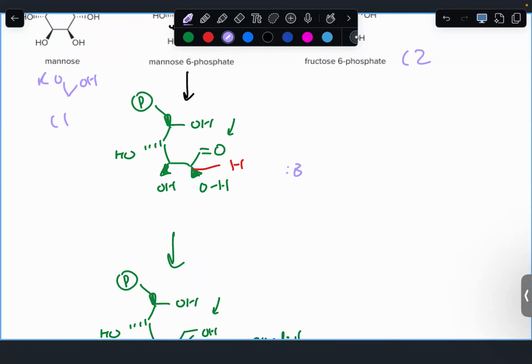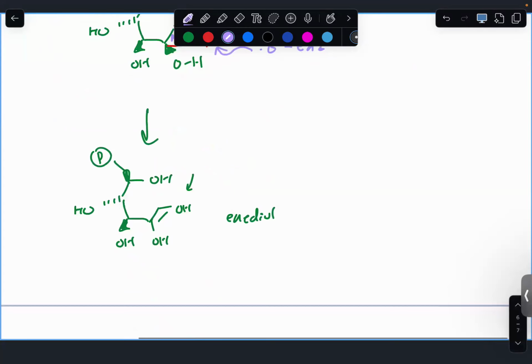So we have a base, which comes from the enzyme, deprotonates that. This comes down and forms the bond right there. And then the pi electrons from the carbon oxygen pi bond come off and pick up a proton from some acid. So that's how we get the ene diol.